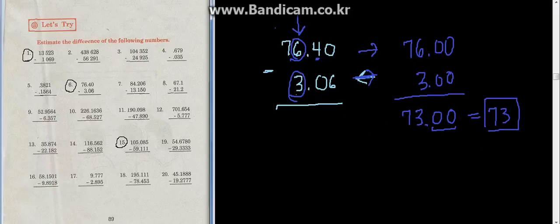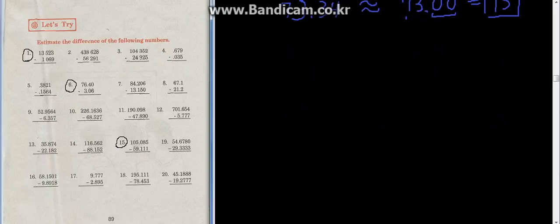If we compute the actual difference, we'll get 73 and 34 hundredths. Then we have 73, which is the estimated difference. So you can see that they are very close.